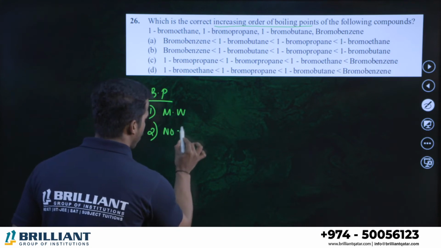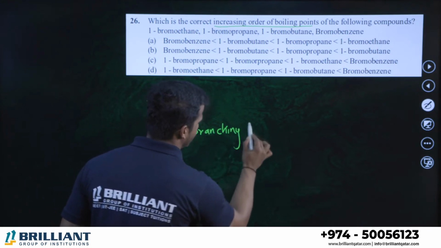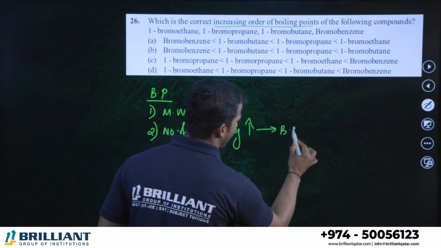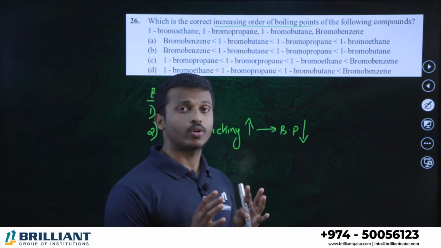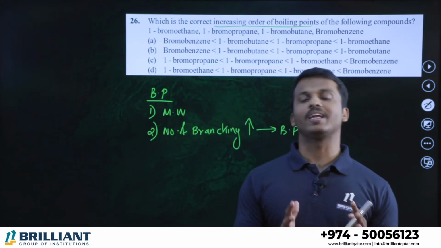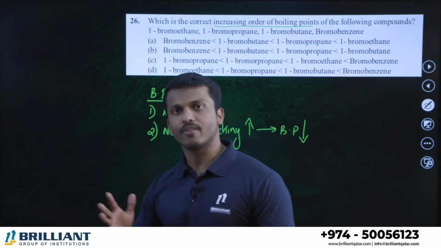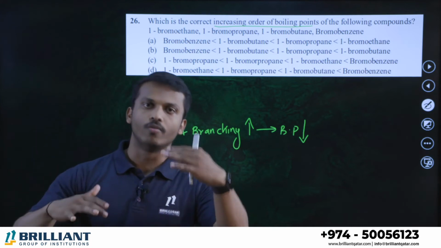As the number of branches increases, what happens to the boiling point? Boiling point decreases. Correct. So the first factor to consider is the molecular weight; the greater the molecular weight, the greater the boiling point. Second factor, branching: the greater the number of branches in a system, the lower the boiling point.